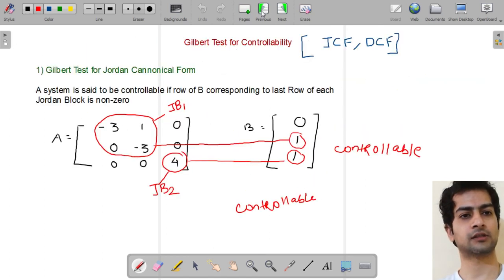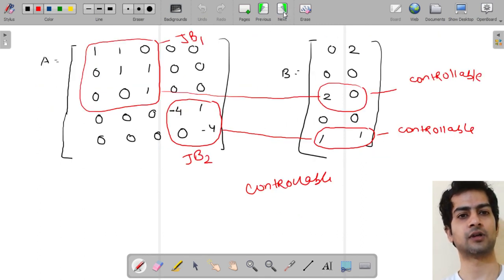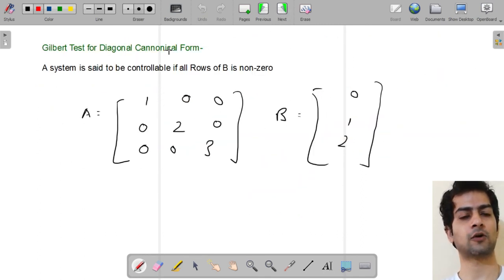Now, we were talking about the Jordan canonical form, JCF. Now we will talk about the DCF. So it is simple. You need to identify whether matrix A is in DCF, diagonal canonical form. For it I told you that we will only have diagonal elements, that too with all the poles unique and not repeated, and other elements will be 0.